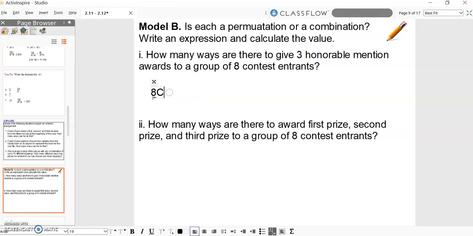So it would be 8C3, which would be equal to 8 factorial divided by 3 factorial times 8 minus 3, which is 5 factorial.